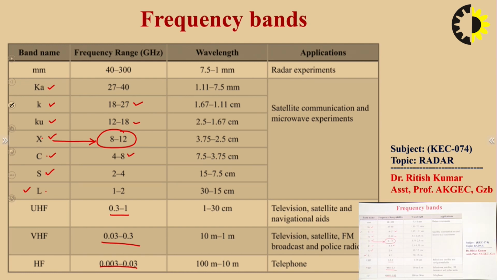The applications of these bands are the television field, satellite field, etc. You need to remember all these standard microwave bands for various applications. I think this frequency band topic is clear to all of you.